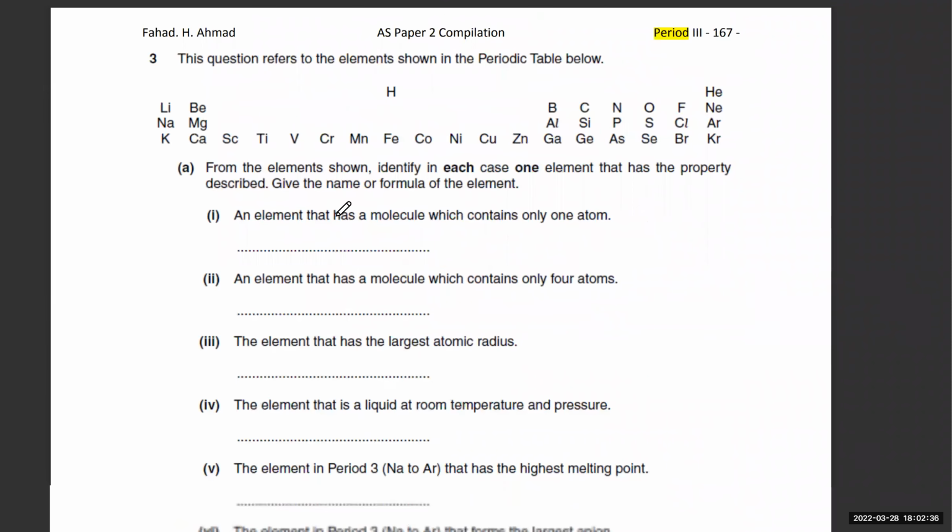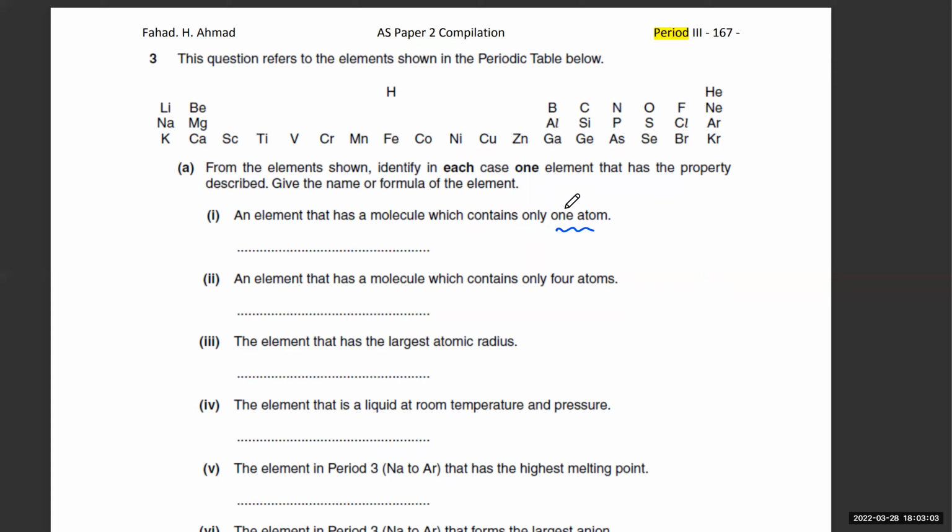अच्छा, ये आप लोग ही बता दो. An element that has a molecule that contains only one atom. So who contains one atom? Which one is monatomic out of all of these elements? कौन से elements होते हैं that don't like to bond with anything?